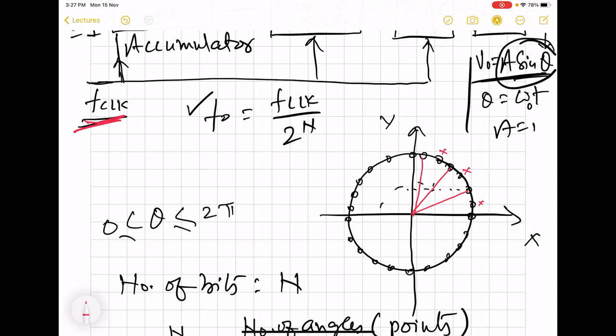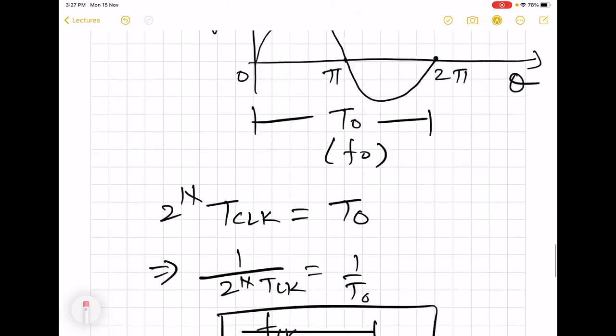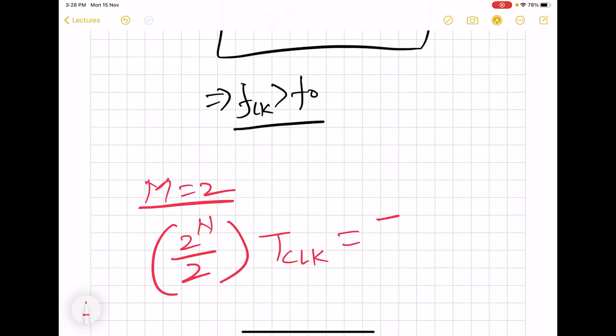So if we take m is equal to 2, then in this case we will be traversing 2 raised power n divided by 2 samples. So these many samples we will now read, and these many samples will be read in t clock duration. So once we read the complete cycle of the angle, which will take this much time, we will be able to produce one complete cycle of the sinusoid.